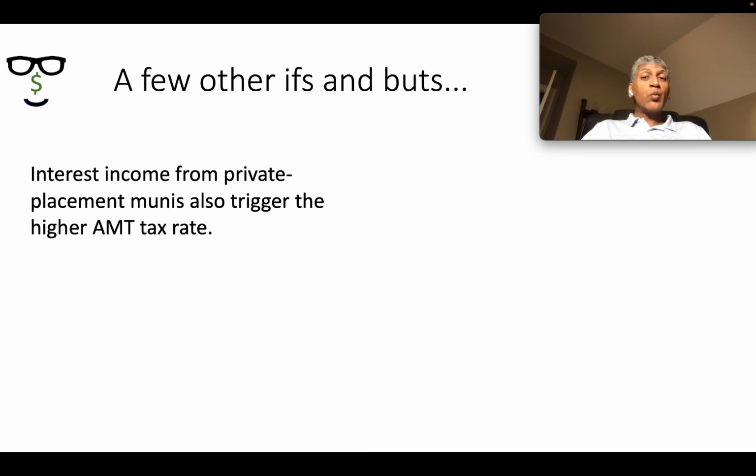And so if you did one of these private munis, you will pay a higher tax if you hit AMT, and you will have to consult with your tax person to understand what that means, because the actual limit for AMTs are different based on your filing status and deductions and so on.